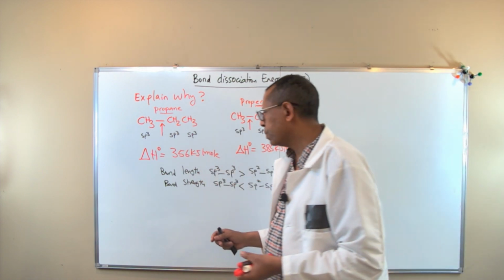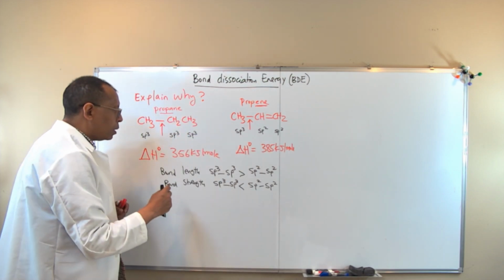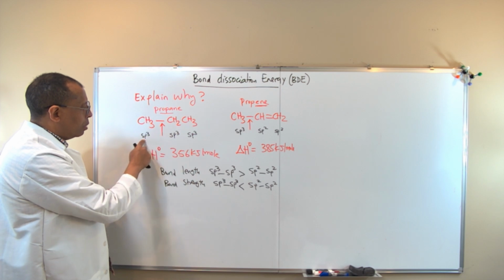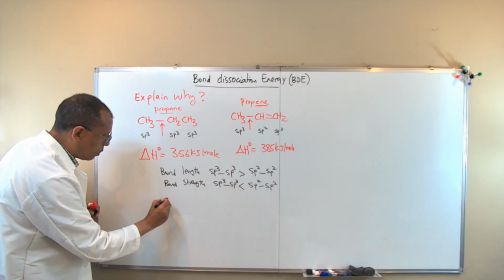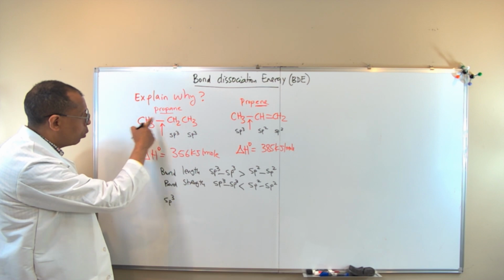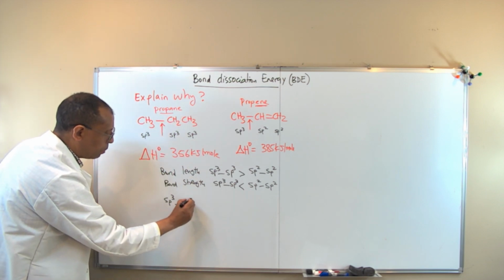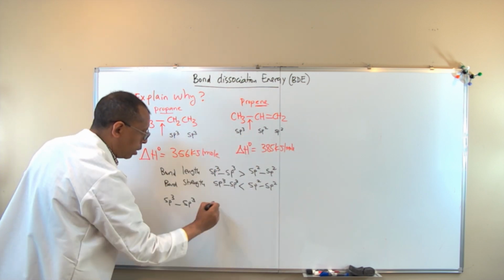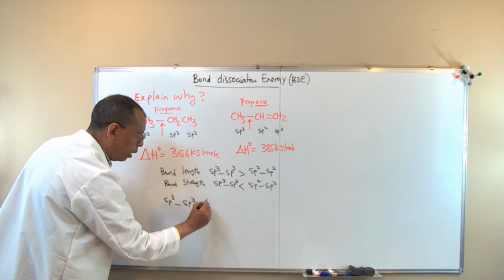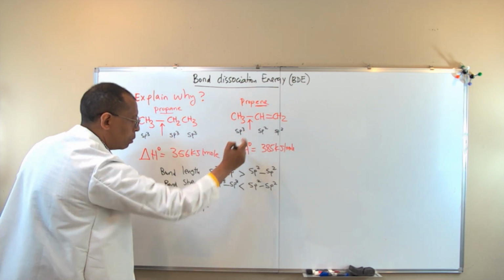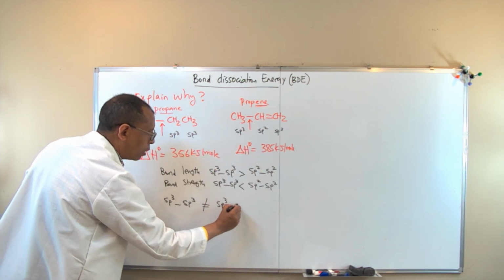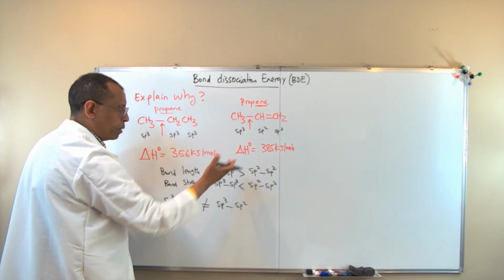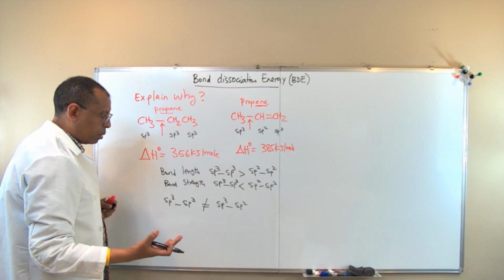This is a fact. So now what we are asking is about the bond strength between sp3 and sp3 in question 1, which strength-wise is not the same as sp3 and sp2. They are not equal. So definitely that is where the difference in bond dissociation energy comes from.